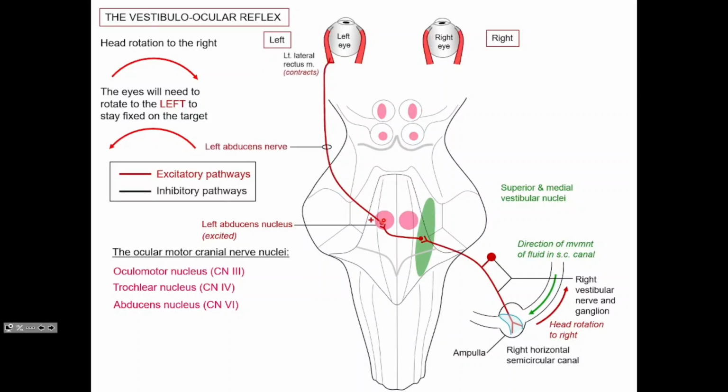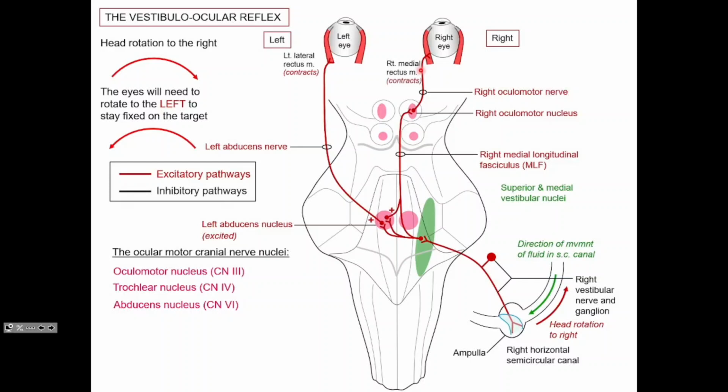But at the same time, there is this MLF, the medial longitudinal fasciculus. The right MLF is going to stimulate what? The right oculomotor nucleus. So it is going to cause the contraction of the medial rectus of the right side.